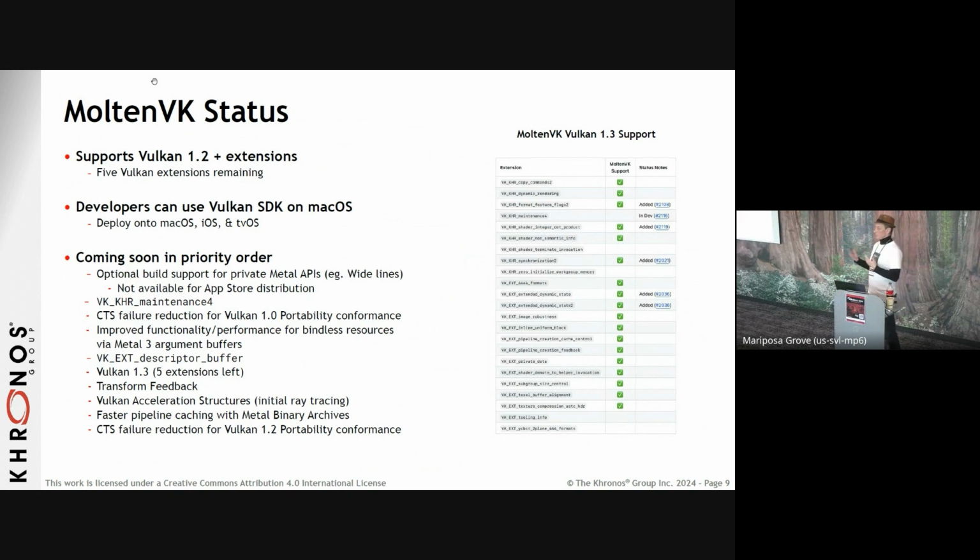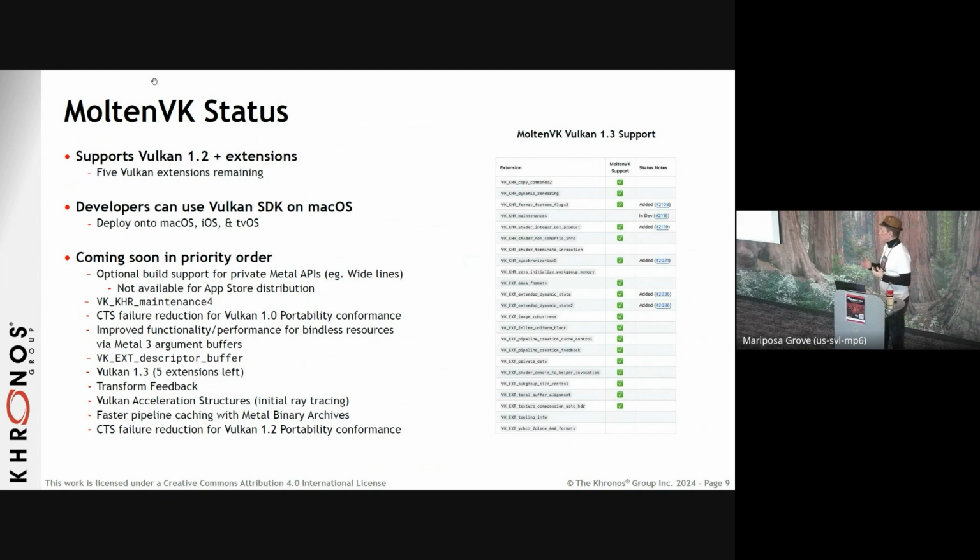So there have been requests to say, hey, there's a bunch of functionality that Apple exposes, but they expose it privately rather than publicly. And so we've introduced this concept where you can create a build of MoltenVK that does allow you to use those private APIs. I mentioned Wideline here.